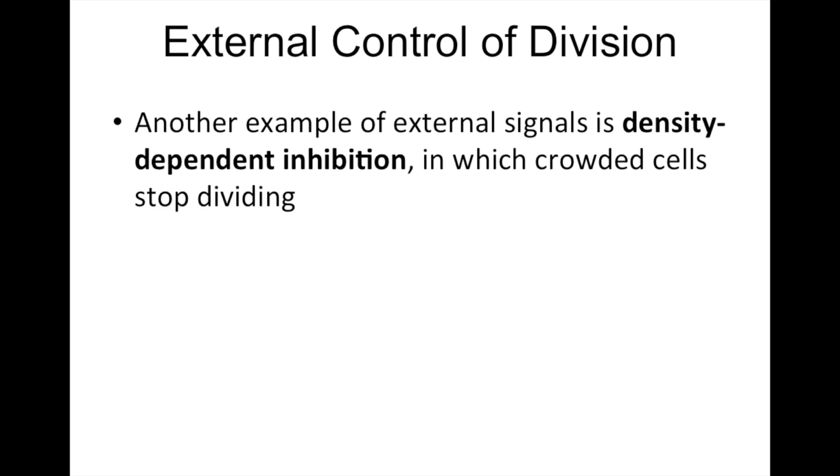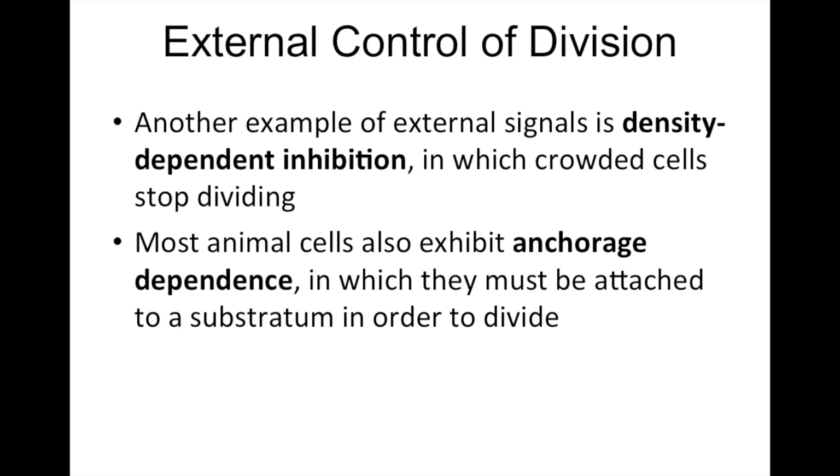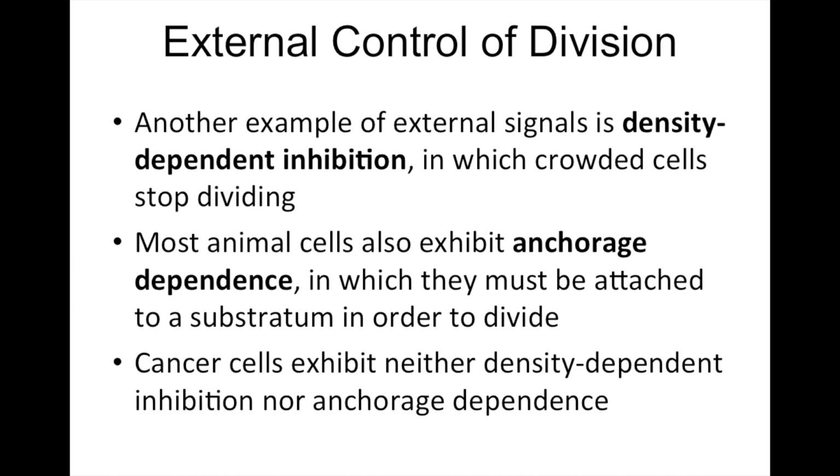In addition to the PDGF, another good example to know is the density of the surrounding cells. So basically, when a cell feels crowded, it's going to stop dividing. Another external control is anchorage dependence, where they have to be attached to something in order to divide.